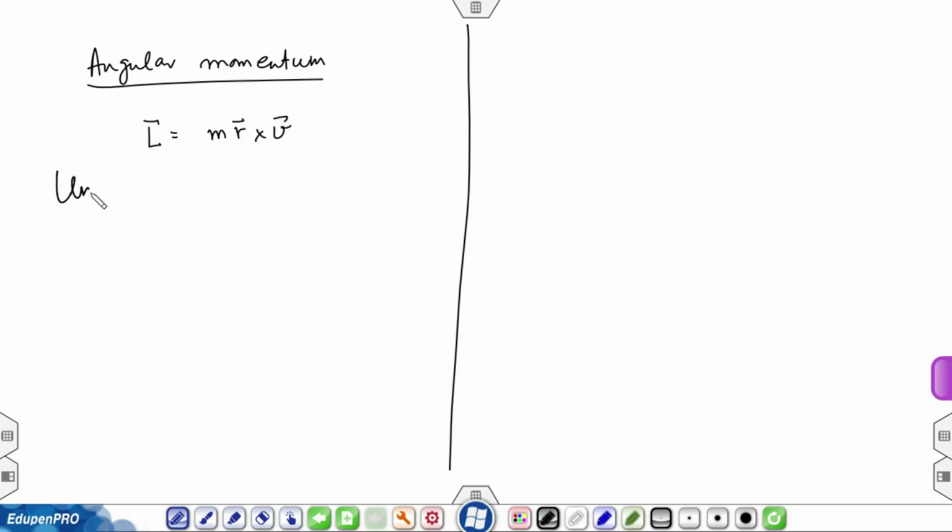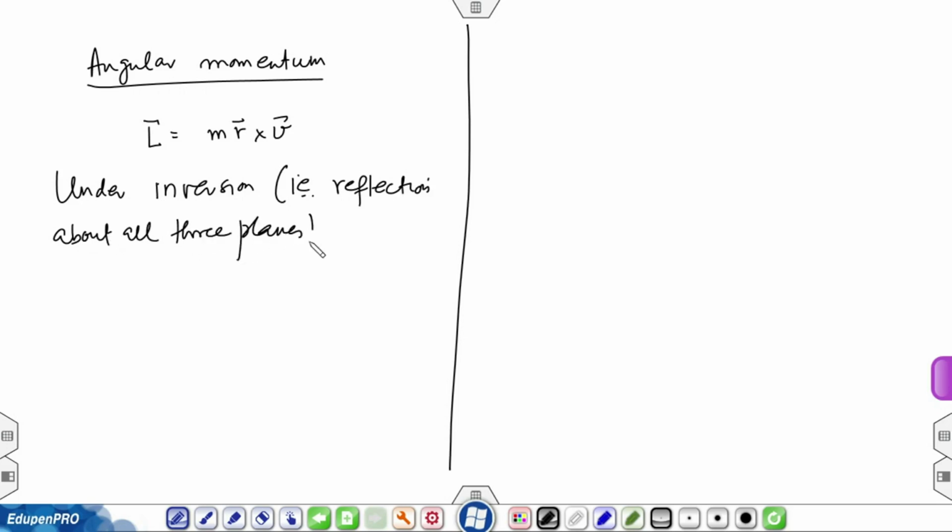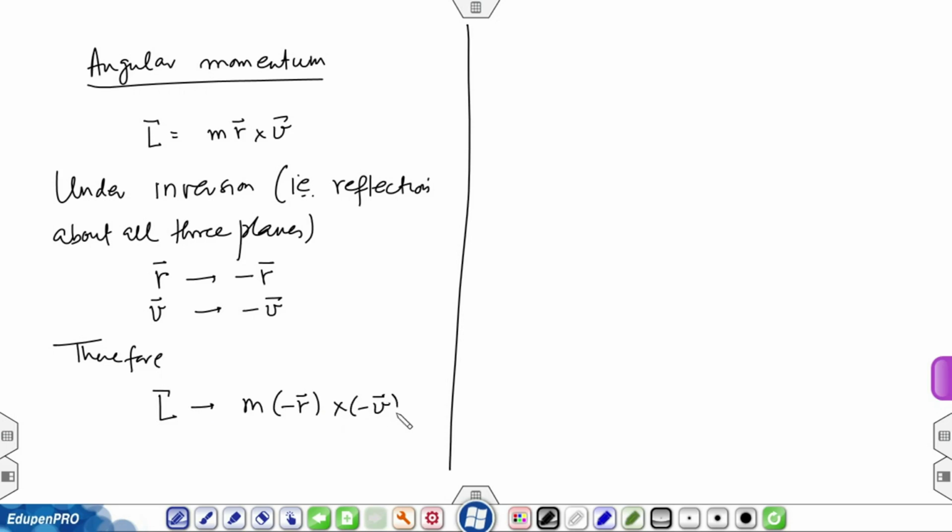So, under inversion, that is reflection about all three planes one after the other, r goes to minus r, v goes to minus v, and therefore, L goes to m minus r cross minus v is equal to m r cross v.